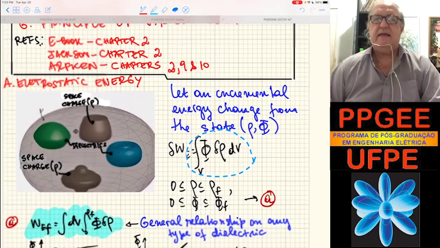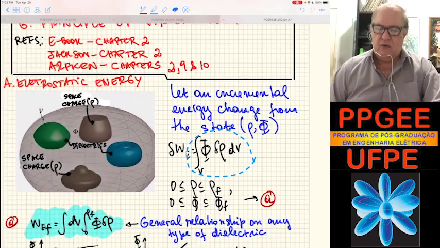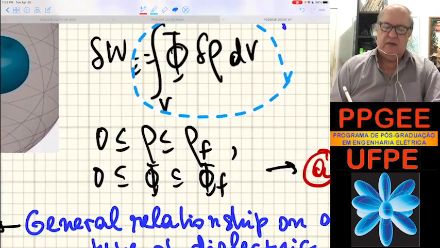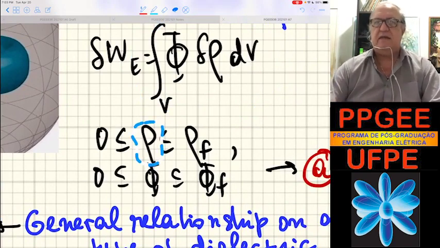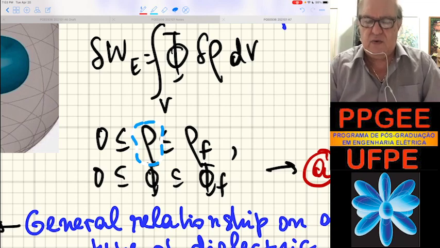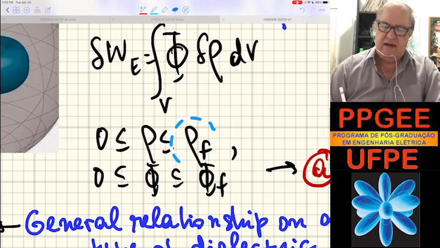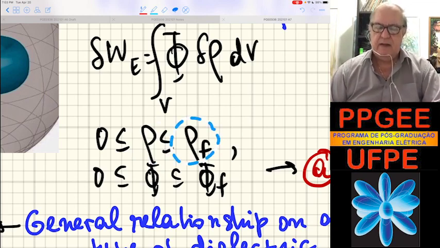So we can build then the expression for the energy going with the density changing continuously from a starting value, let's say 0, to a final value, rho f.